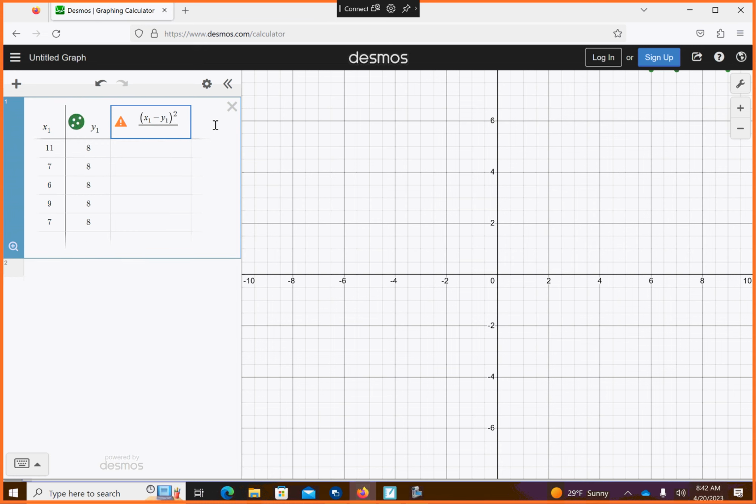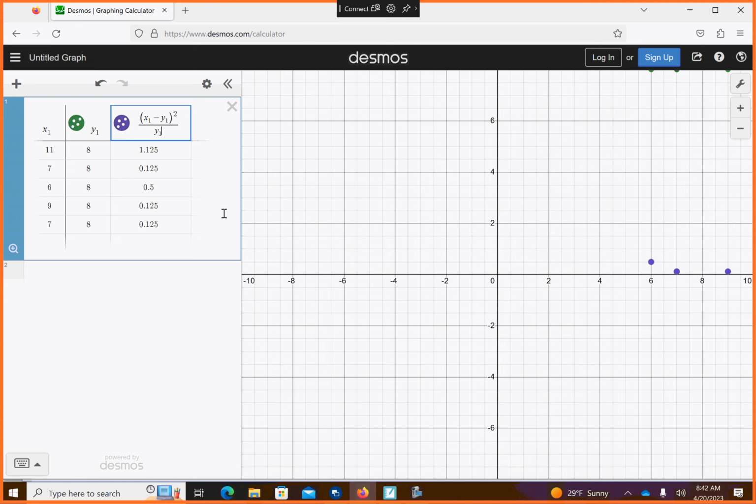Then divided by my expected, which is y sub 1. And if you do this, it does your table for you. That's just the equation. Now you have to realize what your x1 is, what your y1 is. If x sub 1 and y sub 1 change to x sub 2 and y sub 2, then you have to change your equation as well, but it's still going to be the same equation. But that is our chi-squared.